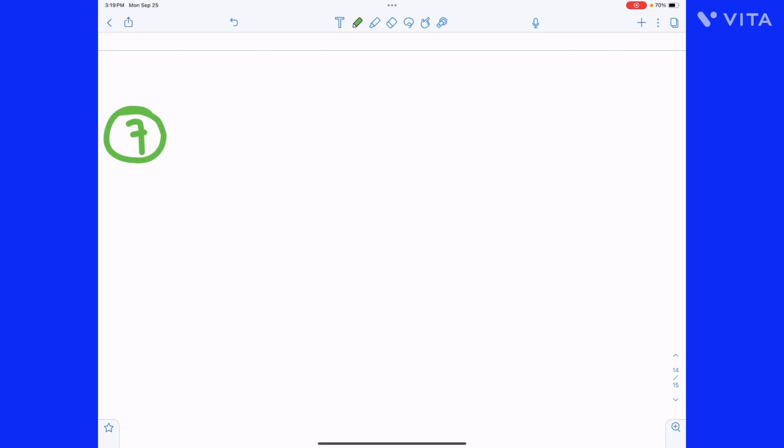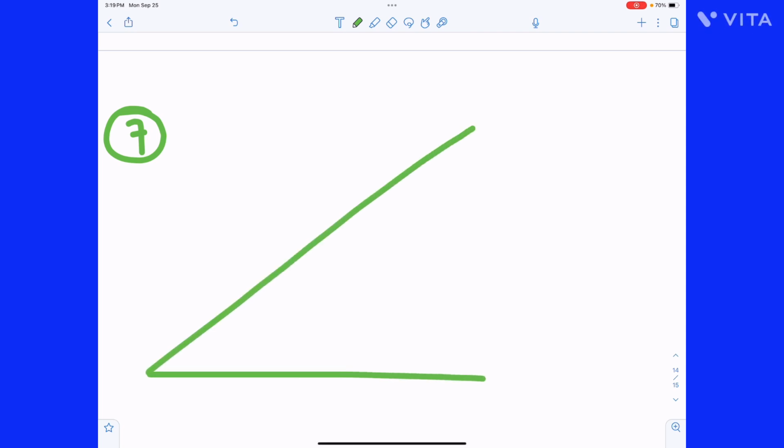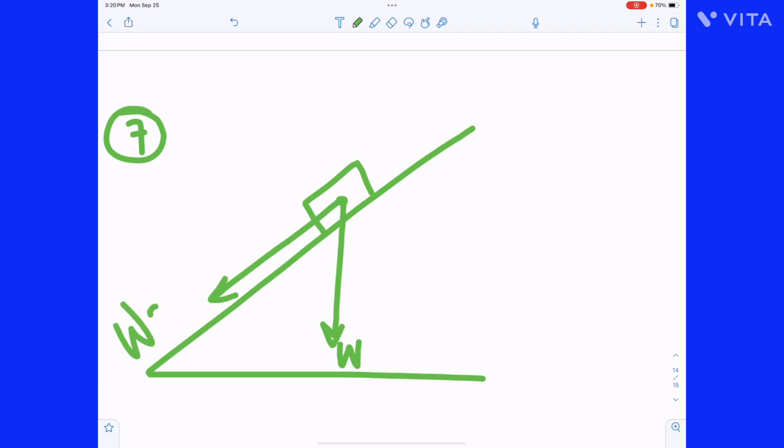Let's draw a diagram for that question. When a body rests on an inclined surface, its weight W acts downward. It will have a component of its weight which is called W sine theta, which acts along the plane.